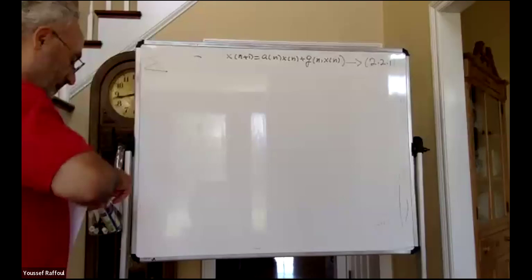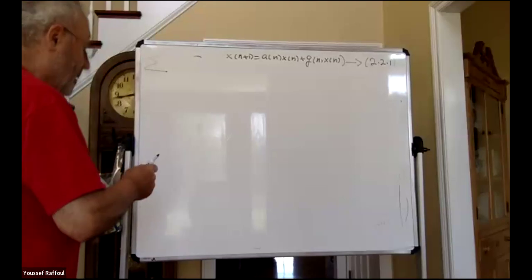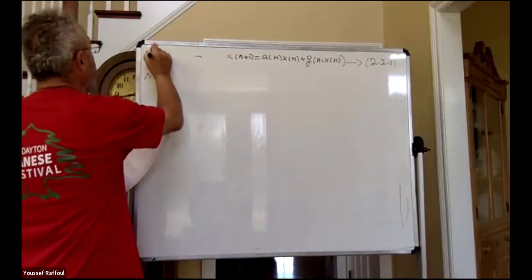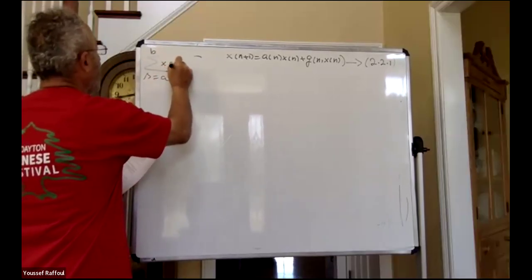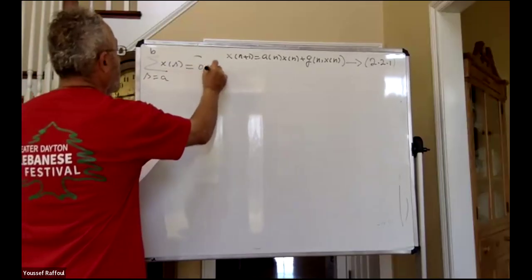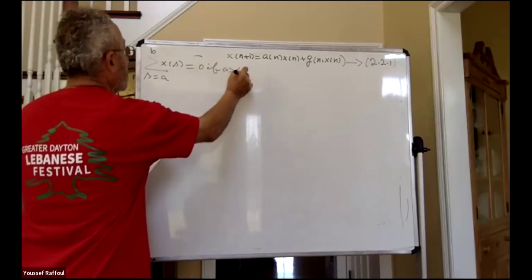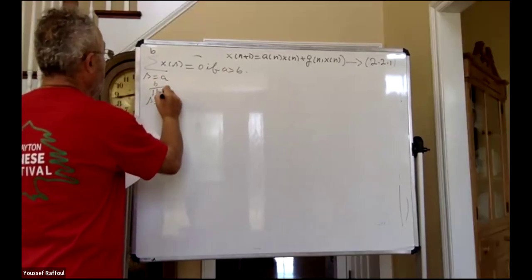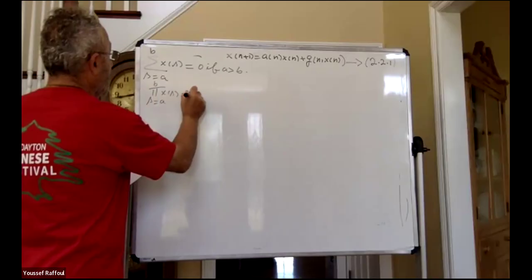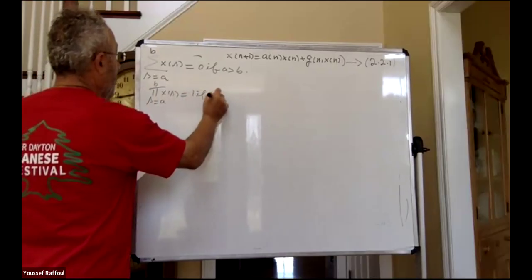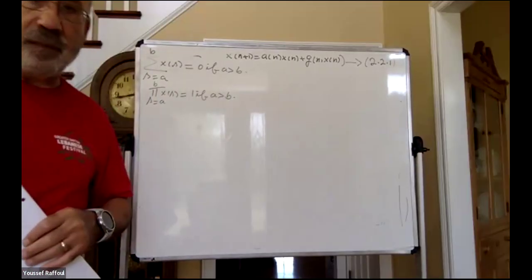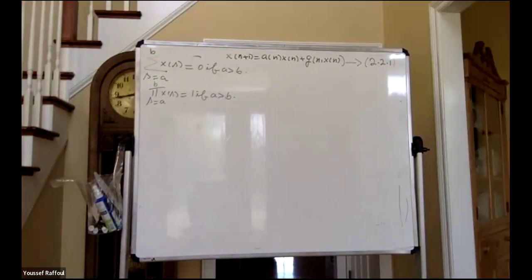Okay, if we have the sum over s equal a to b of x(s) that equals 0 if a is bigger than b, and the product over s equal a to b of x(s) equals 1 if a is bigger than b. Remember, this is stuff we did last time. I mean, we defined it. This is what we're going to agree on.